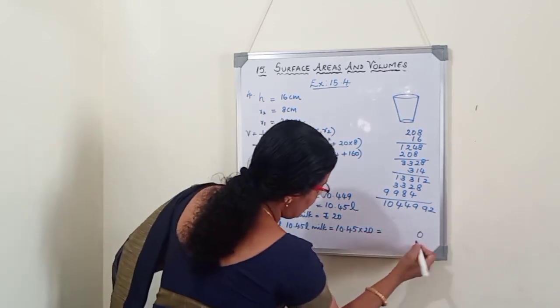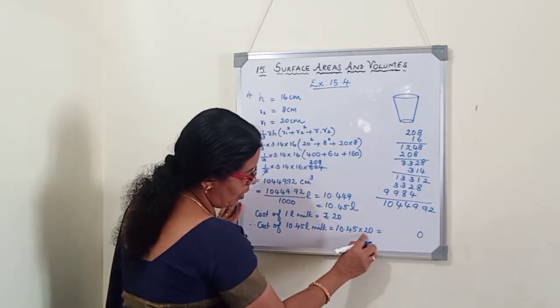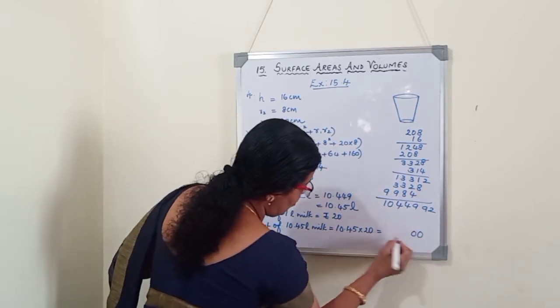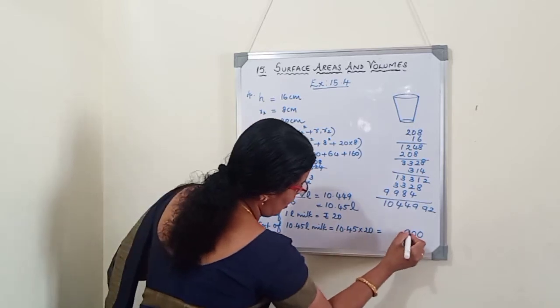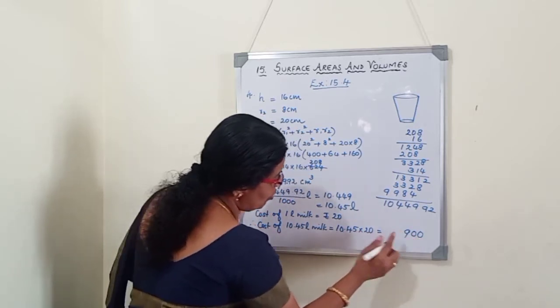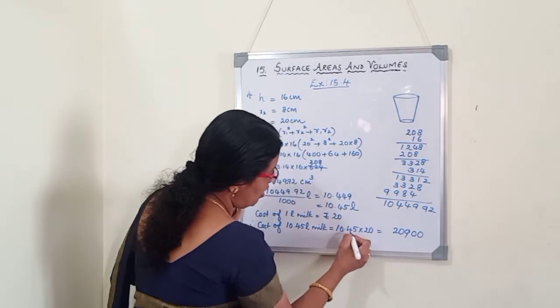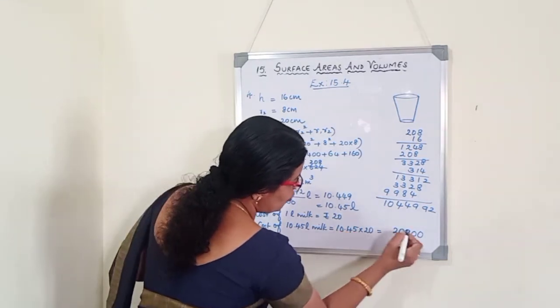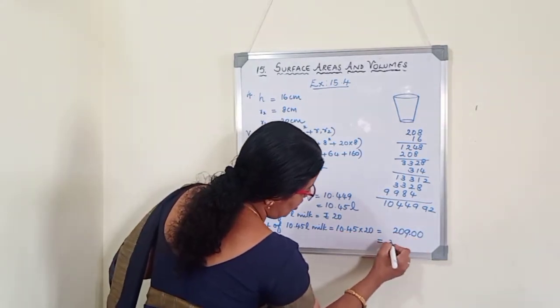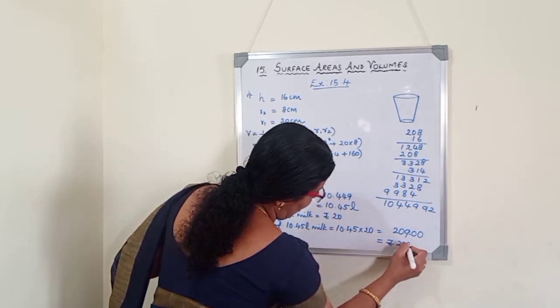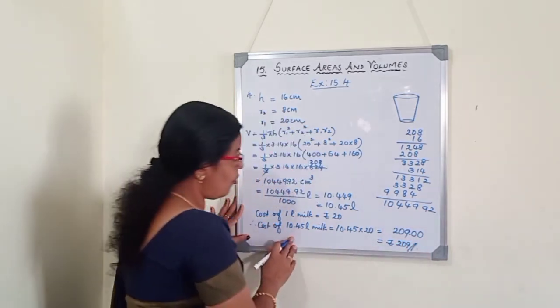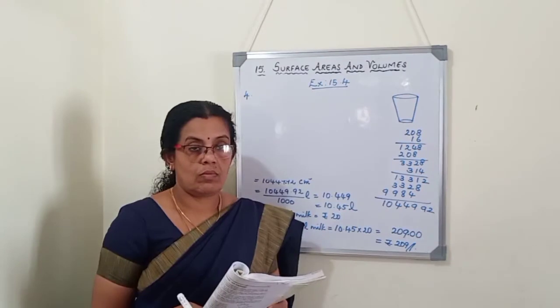This 0 I will write here. We will multiply 10.45 into 2. 5 2s are 10, remainder 1. 4 2s are 8 plus 1, 9. Again 10 into 2, 20. Directly I multiply. Here after the point there are 2 digits, so we will put the point here. Rupees 209 is the cost of the milk for 10.45 liter.